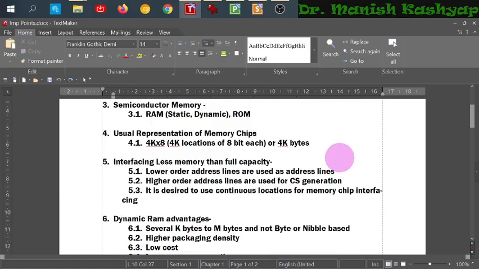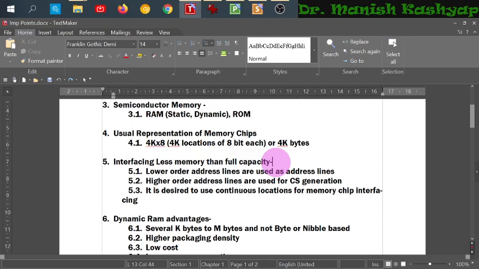Another important point of interfacing the externally interfaced memory to your microprocessor is this. First of all, lower order address lines are used as address lines, right? If you are interfacing less memory, I mean the externally interfaced memory can be of 1 megabyte. You do not usually use the complete 1 megabyte memory location for addresses.